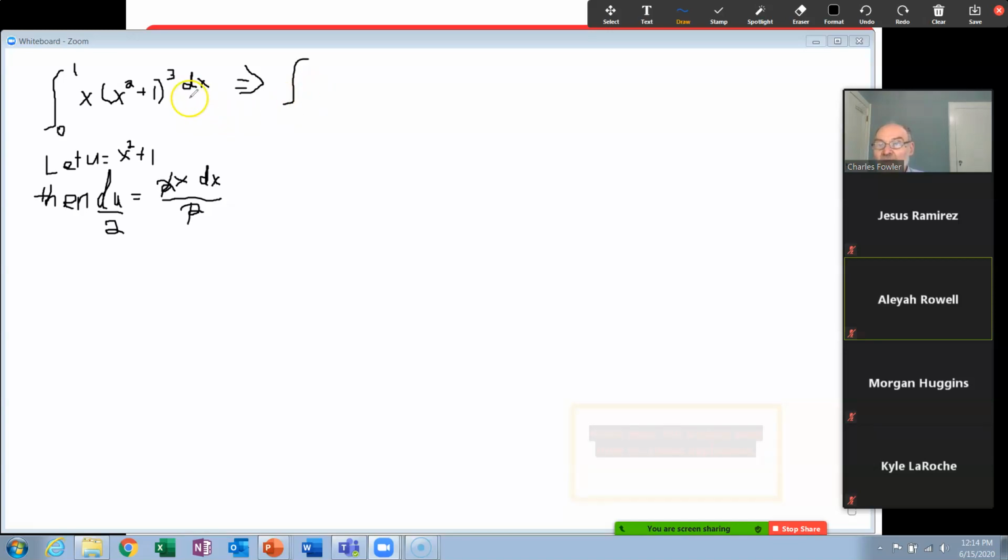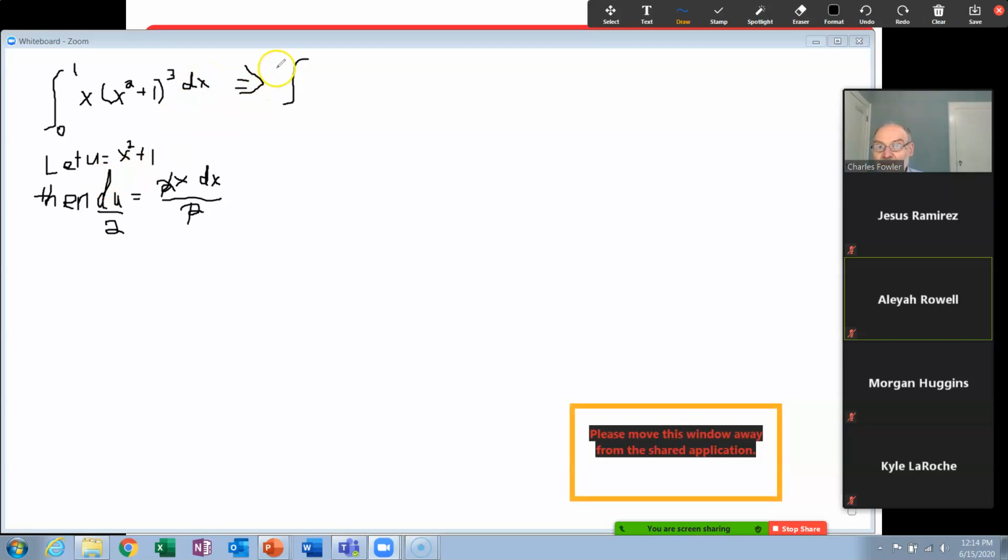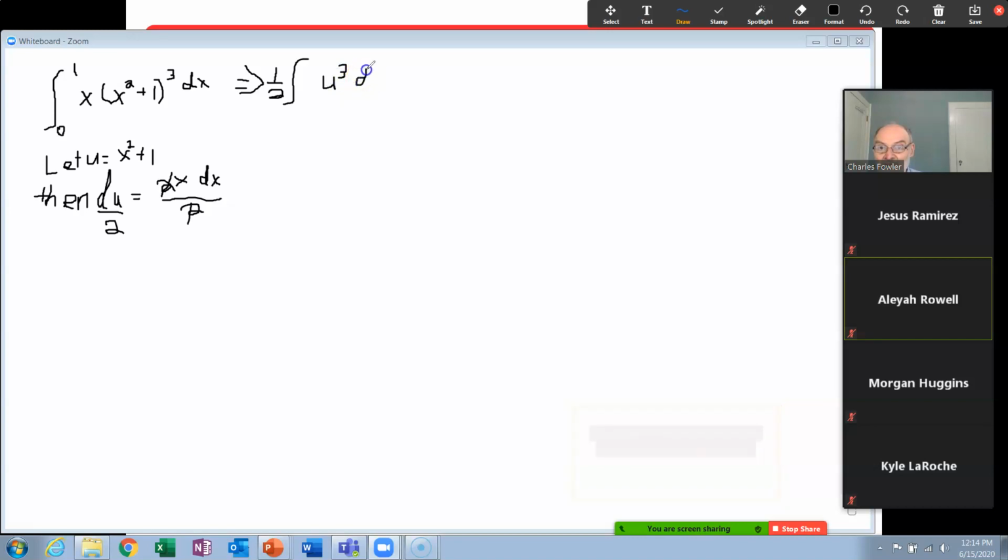Your x dx is 1/2 of du. So I'm going to put the 1/2 on the outside because that's just a number. It doesn't have to go inside. 1/2 the integral of u cubed du.